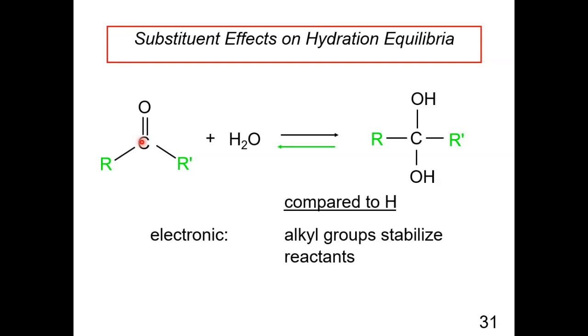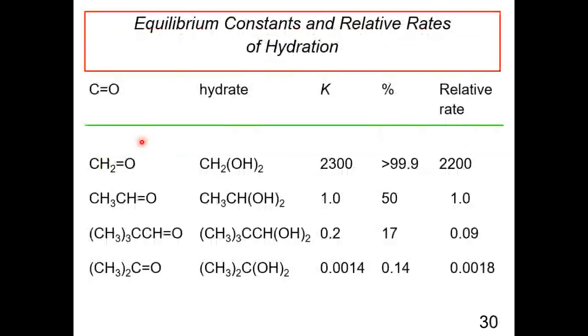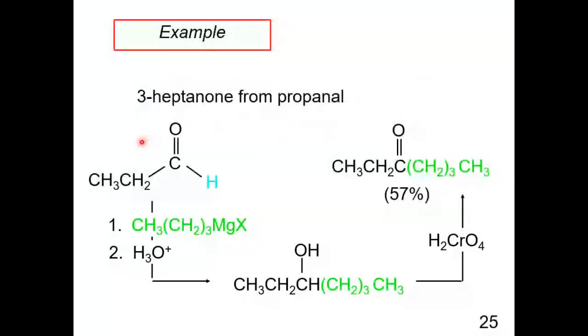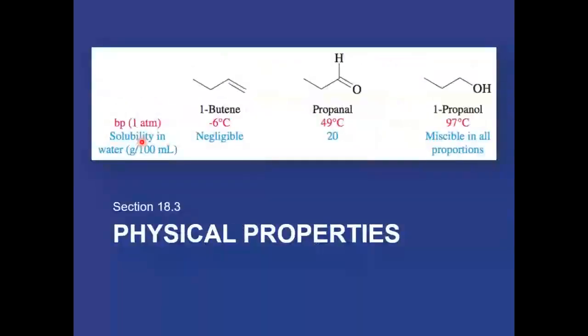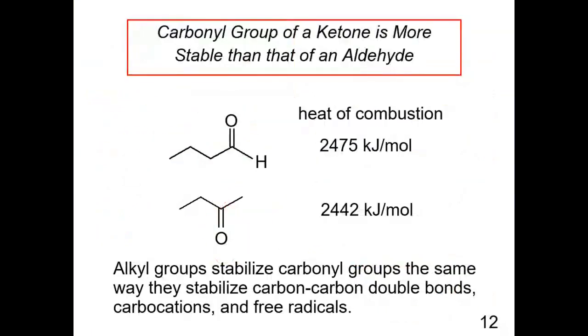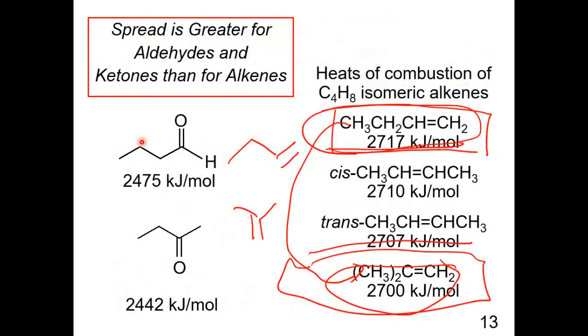That causes the primary difference in stability. Keep in mind, if you recall this one, you see the stability difference of ketone and aldehyde. It's 33 kilojoule per mole, right? These two isomers, 33 kilojoule per mole.